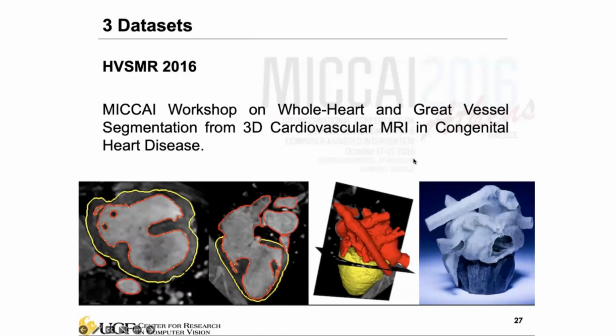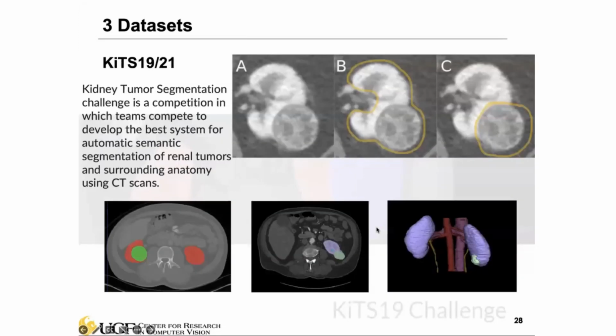And we also have this whole heart segmentation. This is 3D cardiovascular MRI, to diagnose heart disease. So this is how the dataset looks like. And these are the ground truth segmentation maps viewed in 3D. Because this is volumetric data, that's why we are able to view this in 3D, okay?